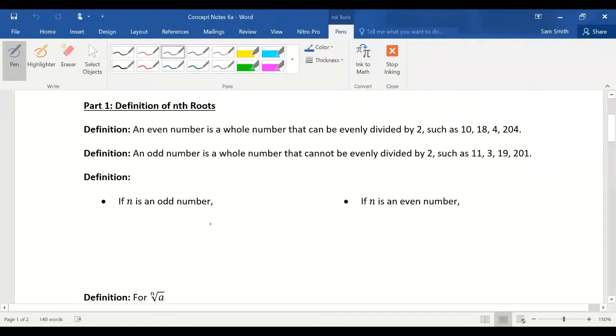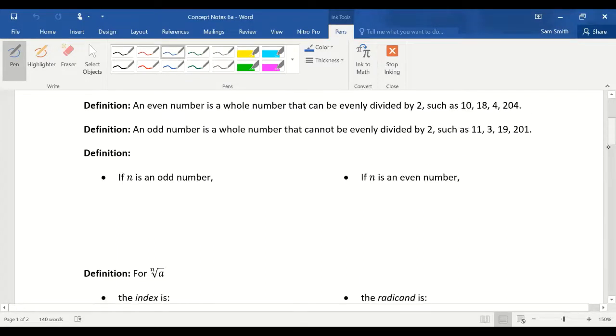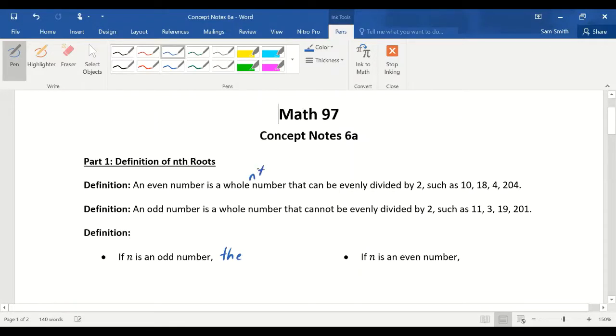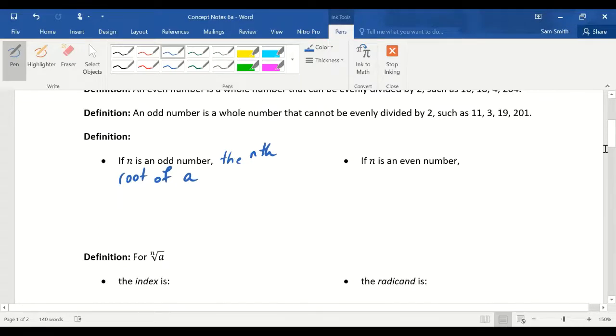Now, the definition of an nth root is different depending on whether you're dealing with an odd number n or an even number n. So let me start with the case that n is an odd number. If n is an odd number, the nth root of something, let's just call it a, and here's the notation.